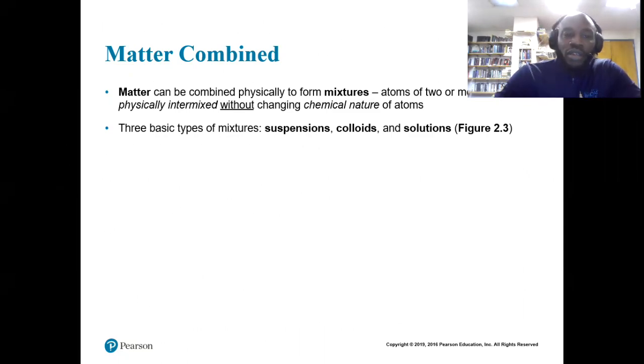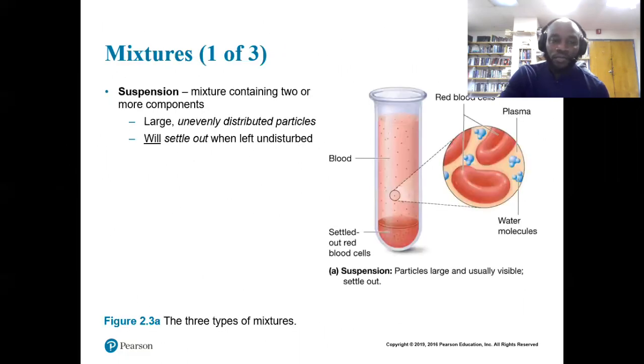That's a mixture. There are three basic types: suspensions, colloids, and solutions, which we're going to talk about in this section, right? Because this is important. But we're also going to eventually get into the chemical reactions when things do change, like when we cook something. All right, so a suspension, this is going to be very important when you go over the chapter on blood, which we're not doing in this section.